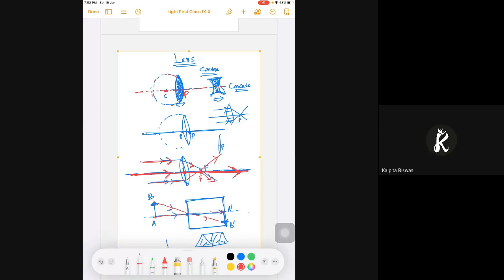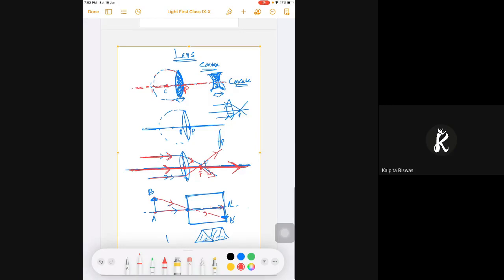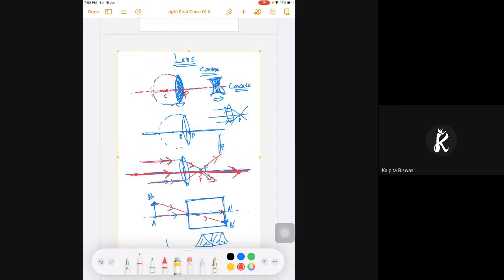Now if you cut this sphere into two pieces in such a way that the lens is divided into two parts, that is an imaginary line, we are not physically cutting. This axis is passing through the center of curvature and also through the pole. This axis is very important in our next class.